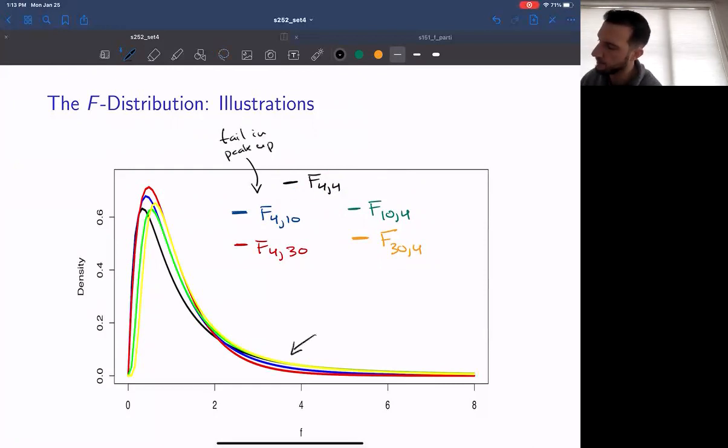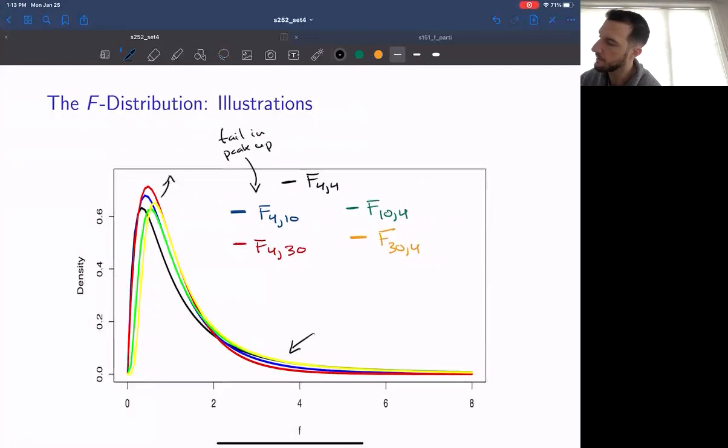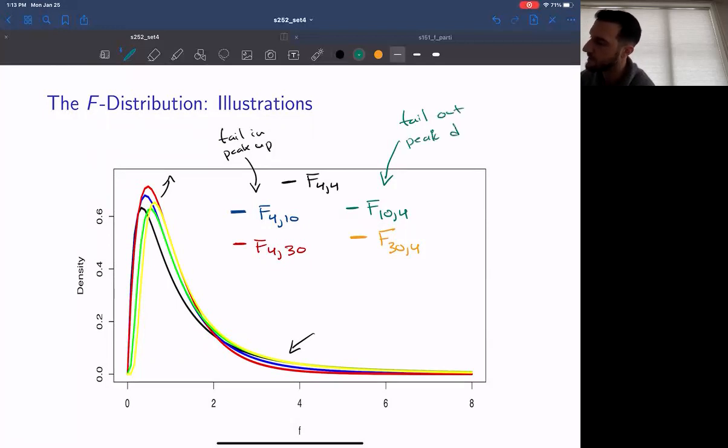So we kind of have this effect. And then here we have tail out, peak sort of down, I guess you could say. Even though with the yellow, it kind of comes up, so it's not an exact relationship, but it would be something like this.